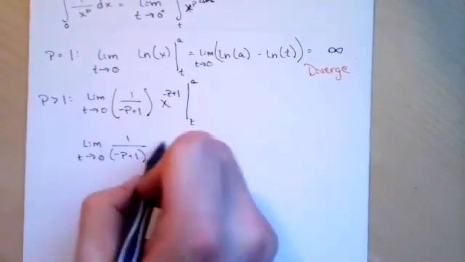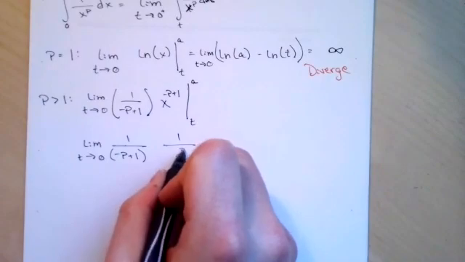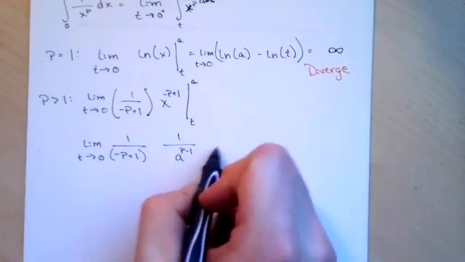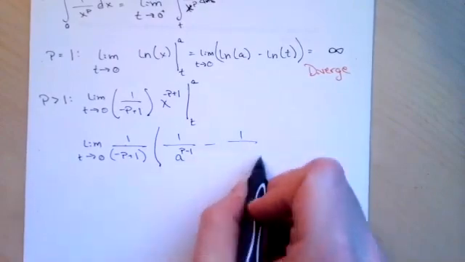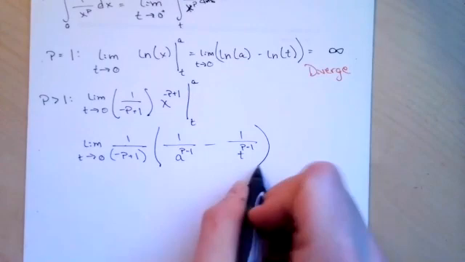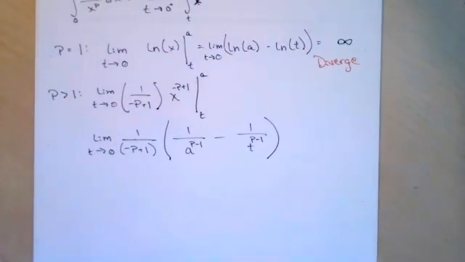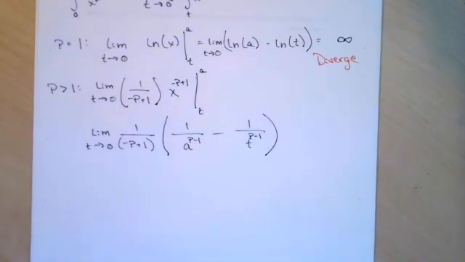We will have, let's write it as, 1 over a to the p minus 1, minus 1 over t to the p minus 1. p is bigger than 1, so these exponents are positive.